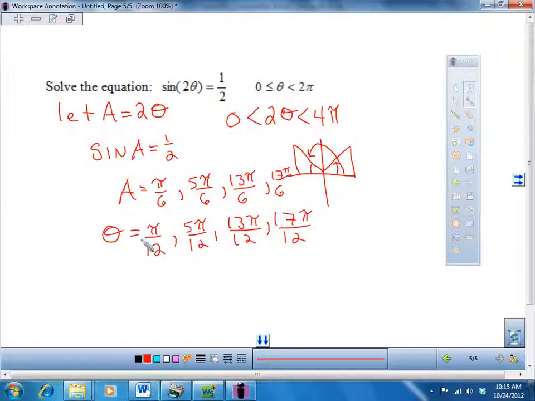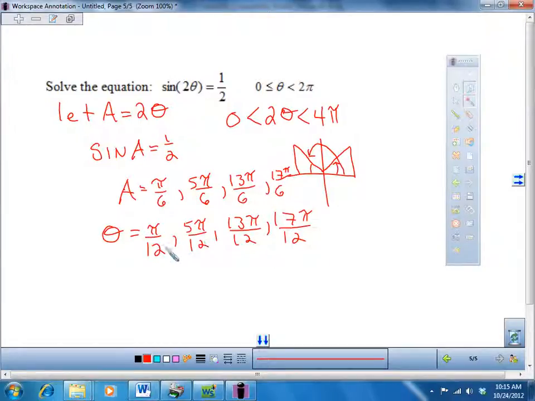And all of these angles are between 0 and 2 pi. By doubling the domain of 2 theta, then when I find theta, the domain comes back to be between 0 and 2 pi. You understand? So that's kind of tricky, knowing how to double the domain and look for all those answers, and then divide it back to get all of them.